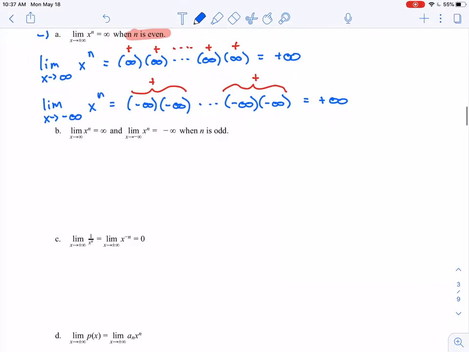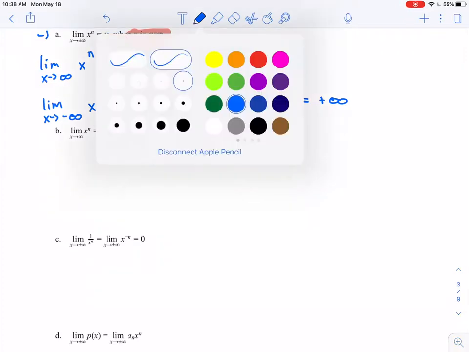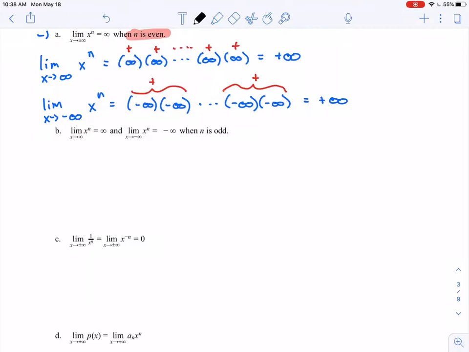So now we have the limit as x approaches positive infinity of x to the nth is positive infinity. This time, though, if x approaches negative infinity, then x to the nth will approach negative infinity when n is odd. So let me do this in a different color. In this case, the limit as x approaches positive infinity of x to the nth, just like we did in the last one, we've got positive infinity times positive infinity a certain number of times, where all of these numbers are positive.